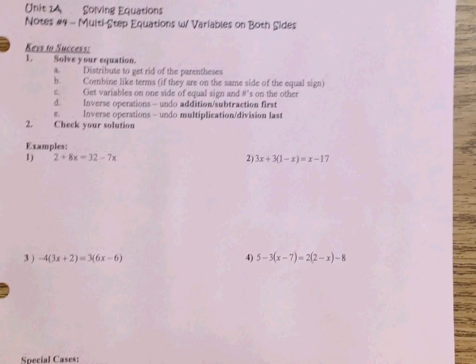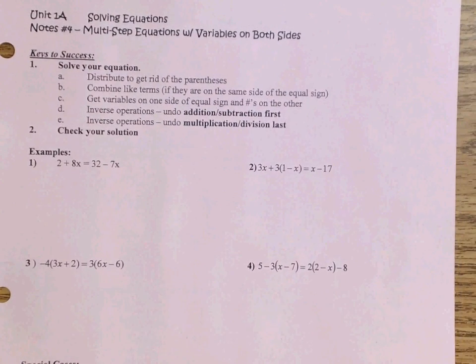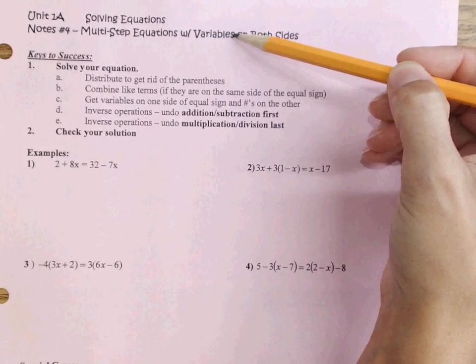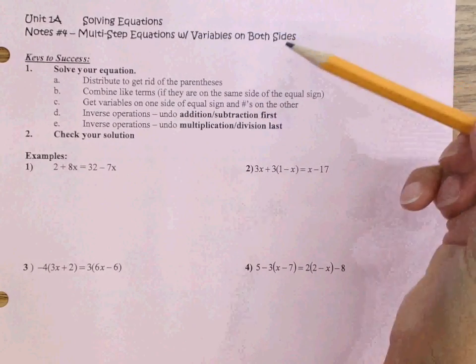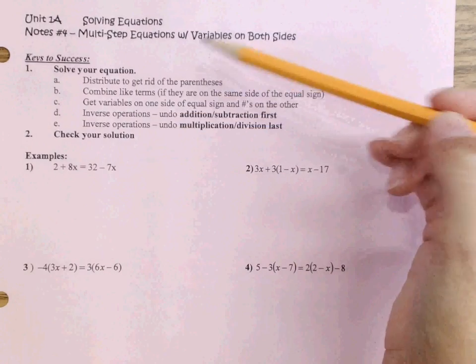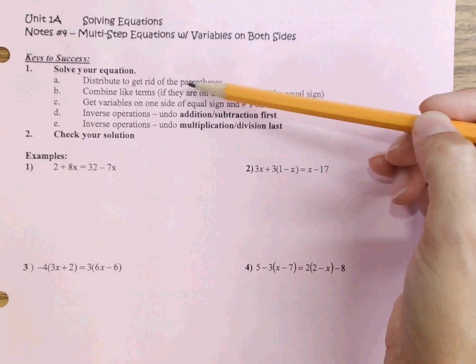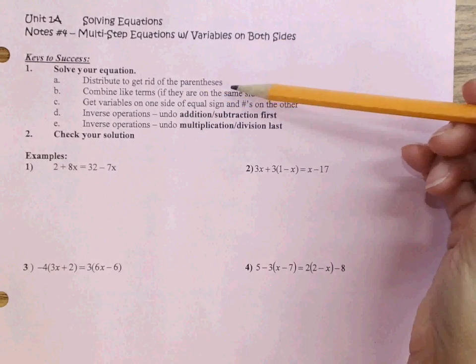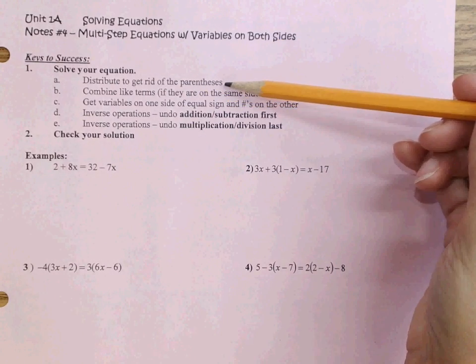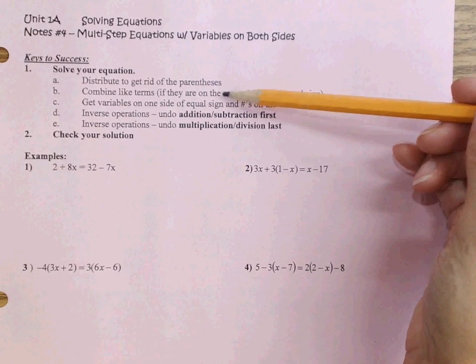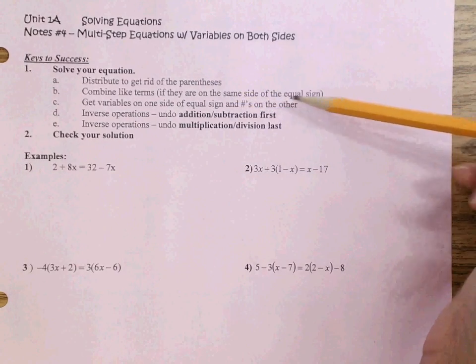Now moving on to today's notes, we're going to talk more about multi-step equations, and this time we're going to see that variables are on both sides. Same as before, these are your keys to success when solving the equations. Your first step is always to distribute, and then combine like terms when they are on the same side of the equal sign.